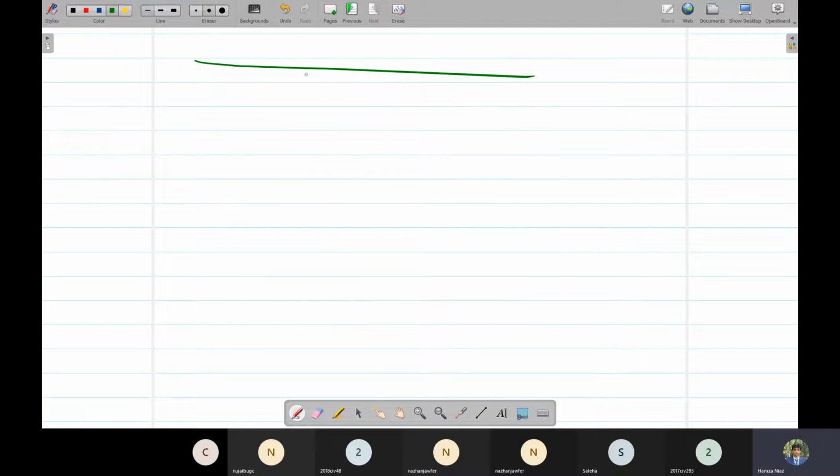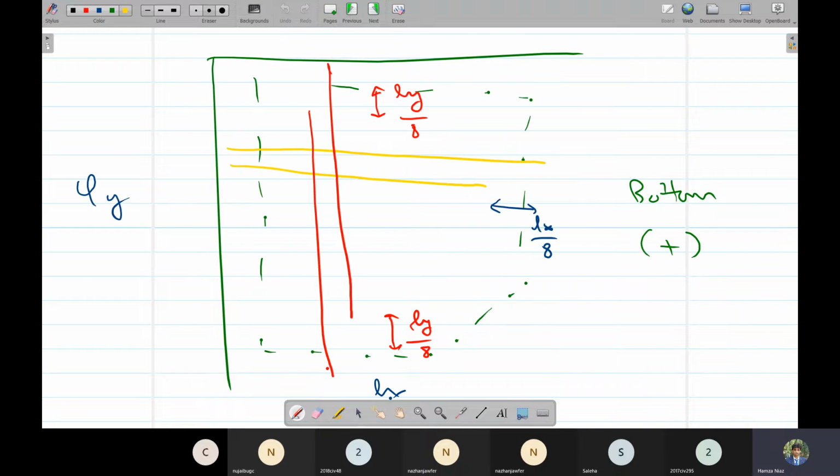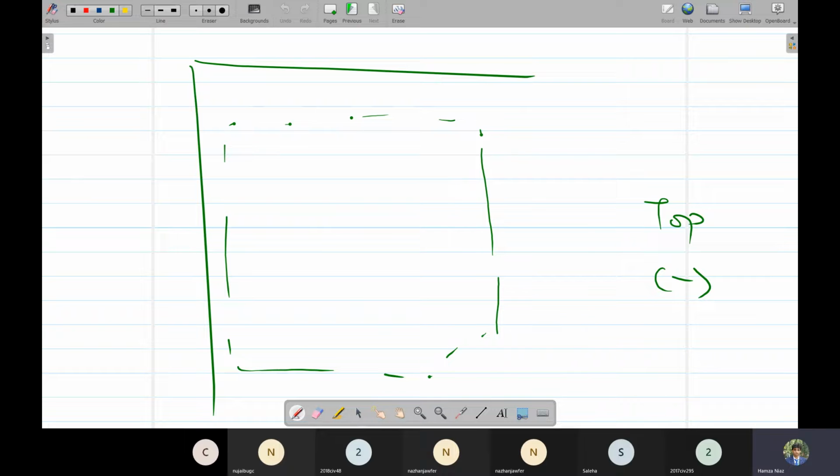And again, for the negative steel, negative means top steel. We show negative steel by dotted line. So the negative steel in X direction would be shown. For example, this is another slab.